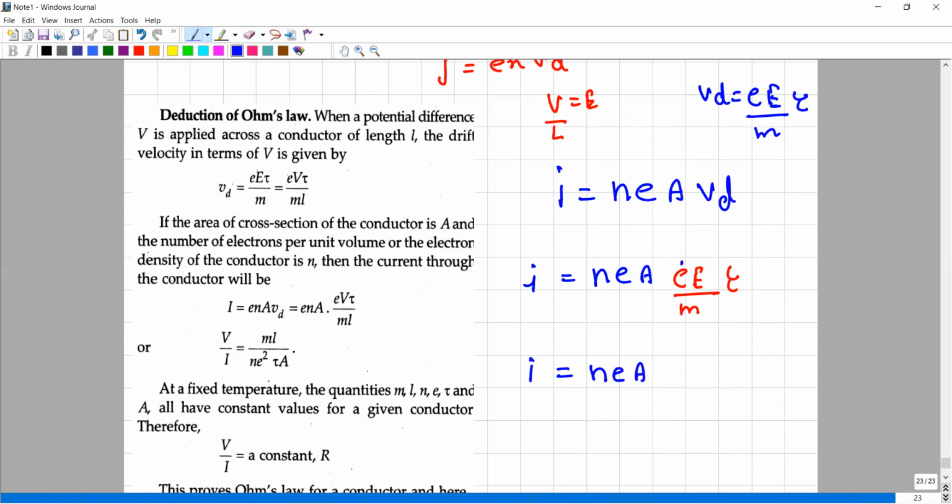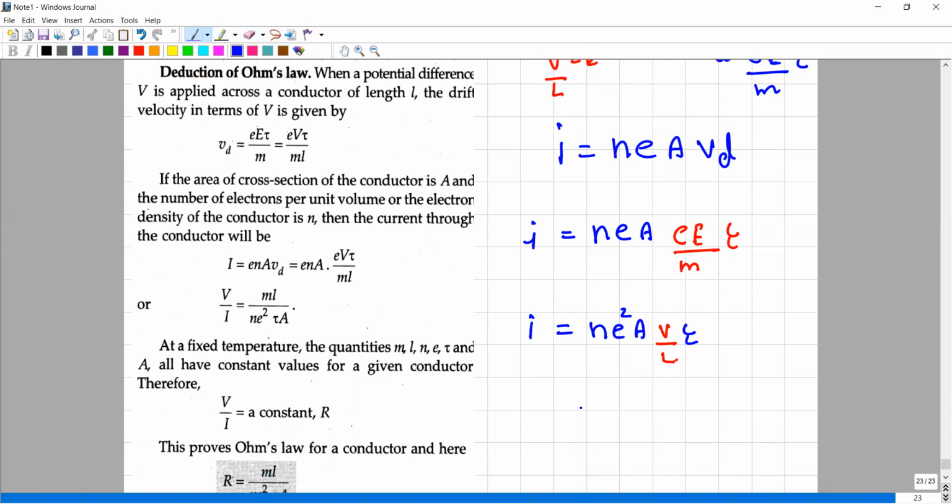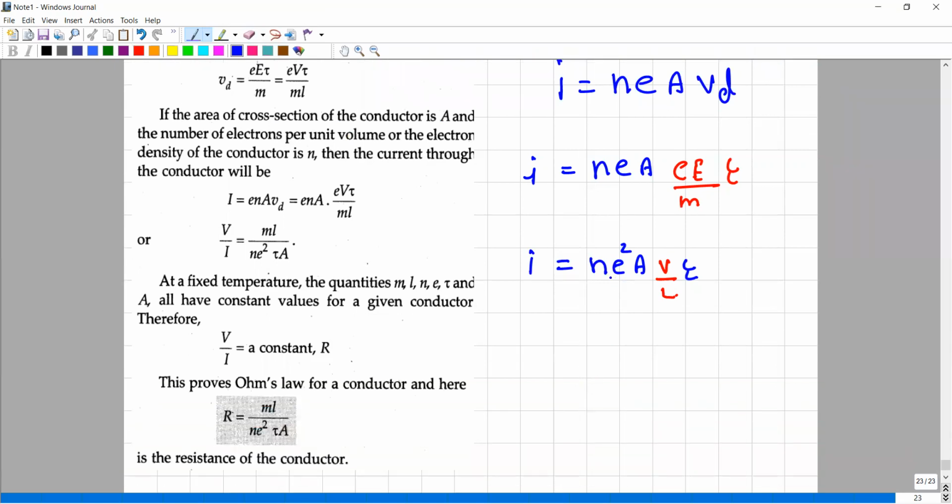Again this e and this e both are the charge of electron, so you can just put a square term here, and this electric field can be written as V by L into tau divided by mass.